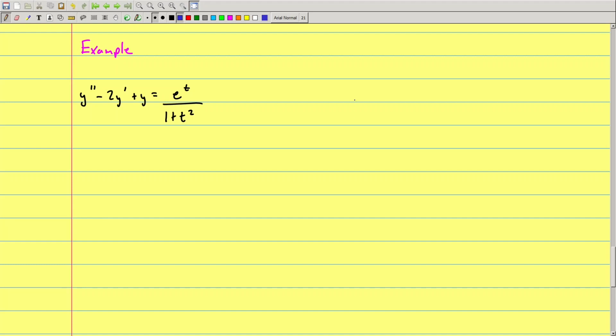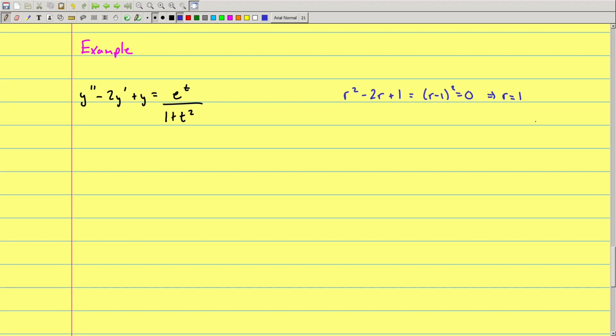But before we get into the variation of parameters stuff, we want to make sure that we take a look at the characteristic equation for the homogeneous case and solve that problem. So we see that we get r equals 1 here.